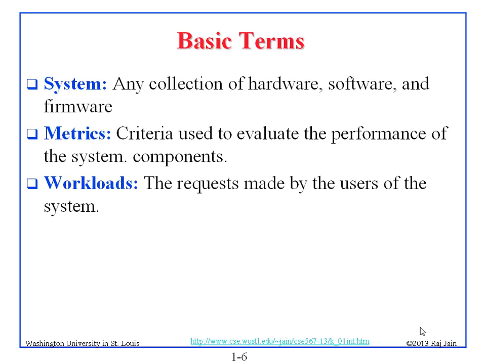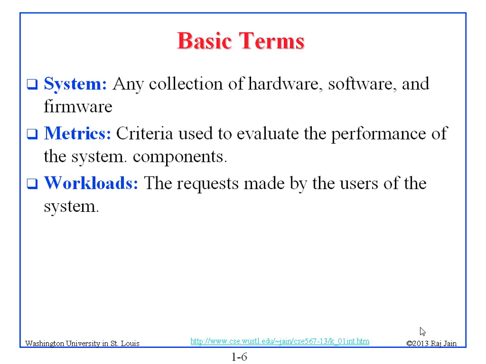If you are designing a database system, that's your system. If you are writing software for some sensor network, that's your system. So the system is something that you are studying. All right? So don't think about the system as being bigger than something. Obviously, there are things outside your system, and they affect the performance, and you have to worry about them. But the things that are in your control, that is the system.